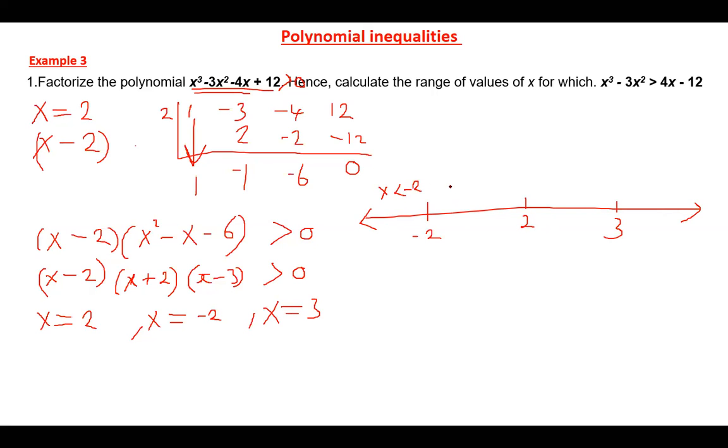The numbers between here are between negative 2 and positive 2. The numbers between here are between 2 and 3. And the numbers this side are greater than 3.